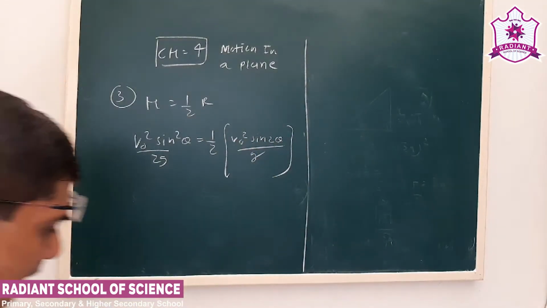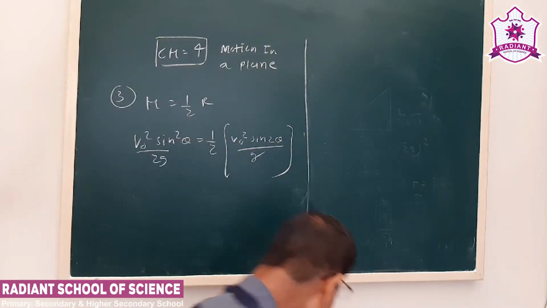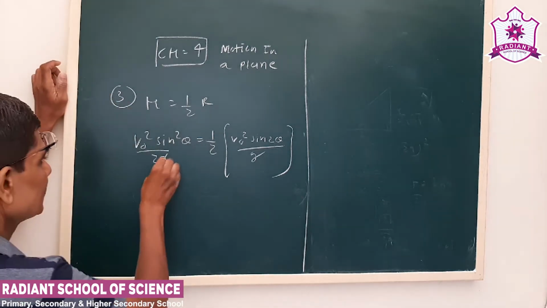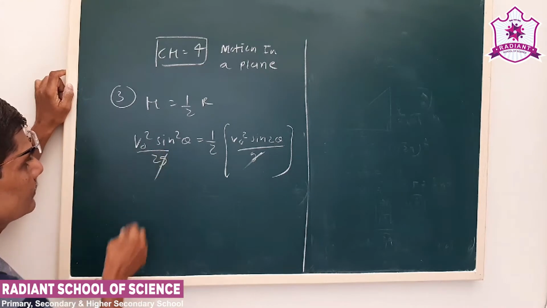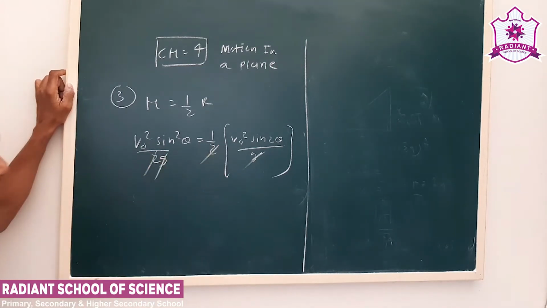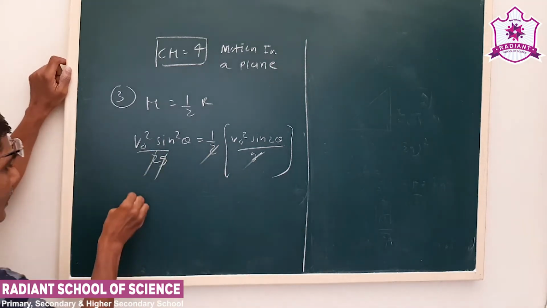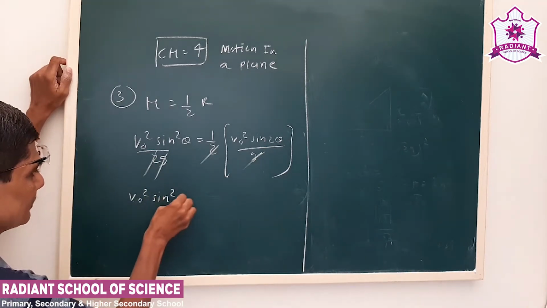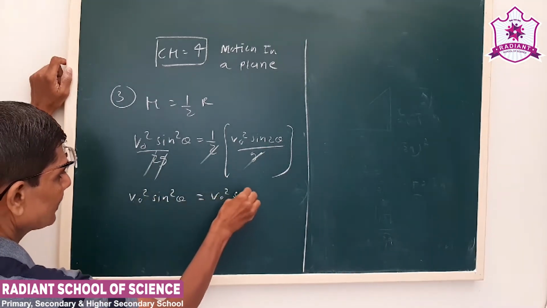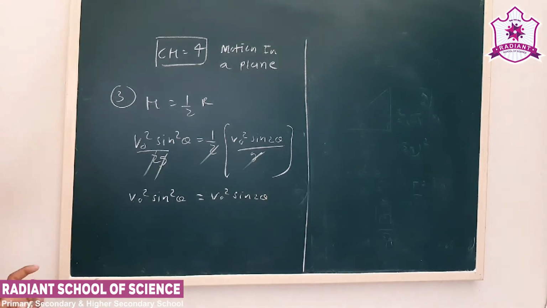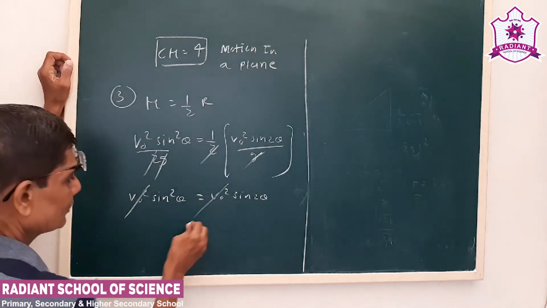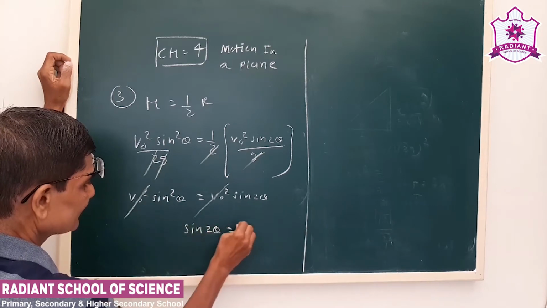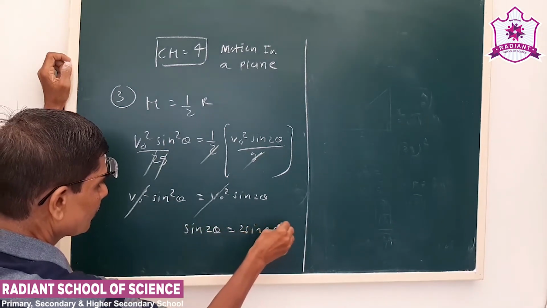Now we can simplify. This g will be cancelled, and the 2 will be cancelled. Now v0 square sine square theta equals v0 square sine 2 theta, so the v0 square is cancelled. Now sine 2 theta formula is 2 sine theta cos theta.